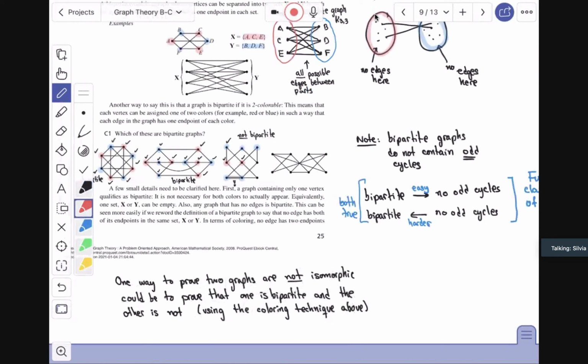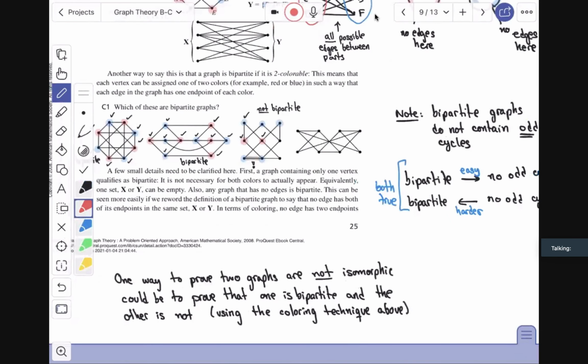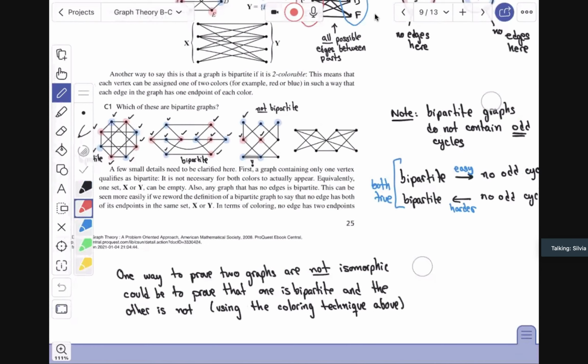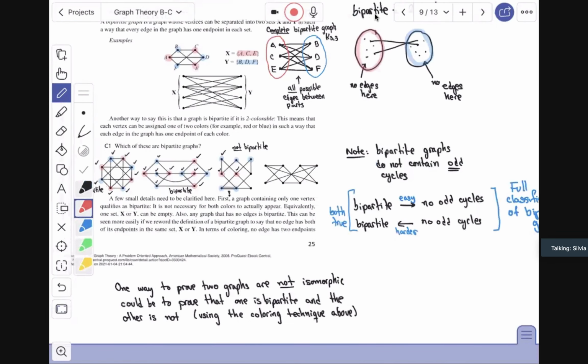I wanted to look this up for you, but let me see if I'm lucky. Oh no, it's not even lucky. Okay, so this is one way to do it.